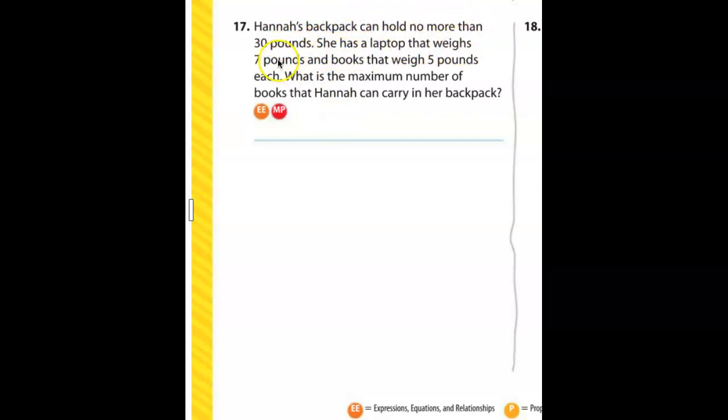All right, Hannah's backpack can hold no more than 30 pounds. She has a laptop that weighs 7 pounds and books that weigh 5 pounds each. What's the maximum number of books that Hannah can carry in her backpack? Okay, so we know that there is a limit to what Hannah can hold in her backpack. What is that limit? Very good. 30 pounds. So everything in her backpack has to be less than 30 pounds.